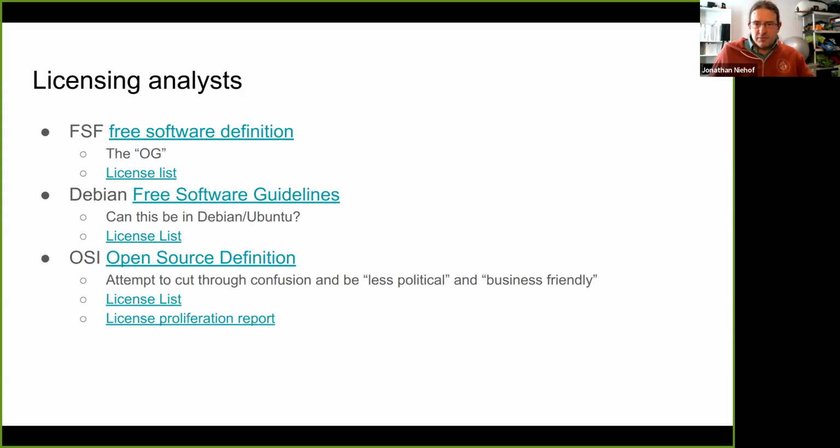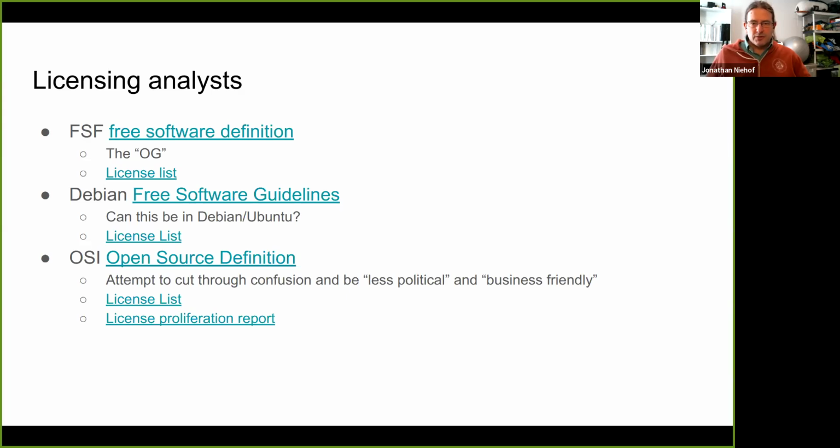There's the Debian free software guidelines, which was for a while a pretty practical consideration because that was, hey, is this going to be something you can actually put into Debian and thus into Ubuntu? That's become less of an issue in the space that we move in just because we're largely working with pip rather than stuff packaged for the distribution.